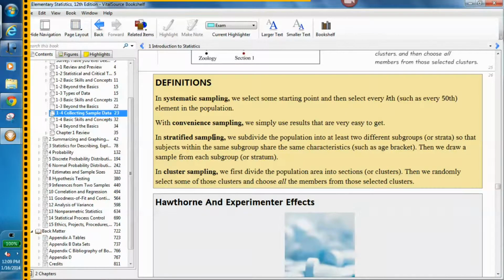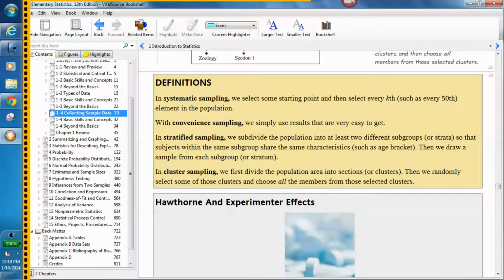In stratified sampling, we divide the population into at least 2 different subgroups or strata, so that subjects within the same subgroup share the same characteristics, such as age bracket. Then we draw a sample from each subgroup or stratum. So what's an example of that? Let's say that I grouped people by hair color, and everyone was in their little group, and then I wrote down your hair colors and put them in a hat, and they all had the same chance of being drawn, and I just drew out a group.